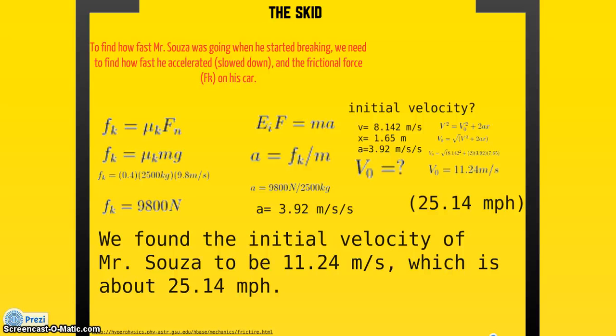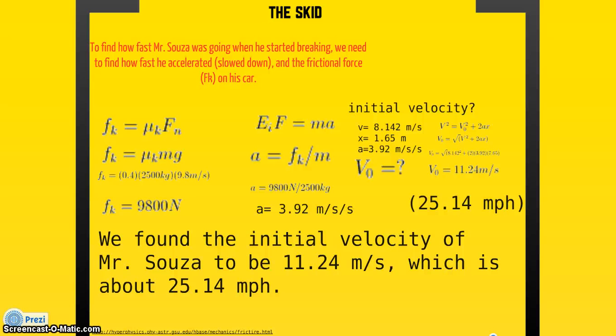So Fk, frictional force, equals the coefficient of kinetic friction times the force of gravity. So you plug in all the numbers, and the coefficient of kinetic friction on a wet road, on average, is 0.4. So the frictional force comes out to be 9,800 newtons.